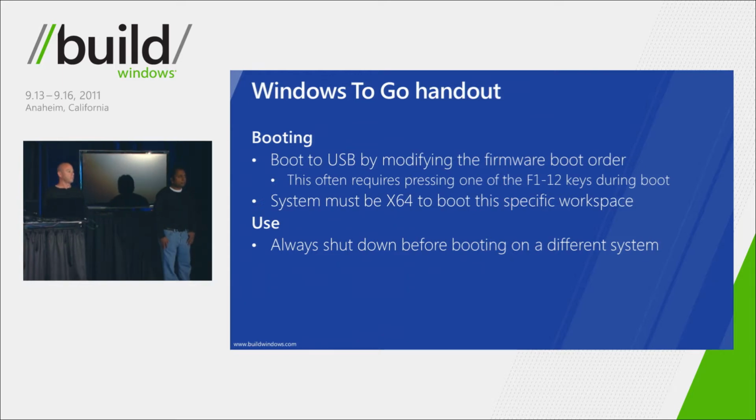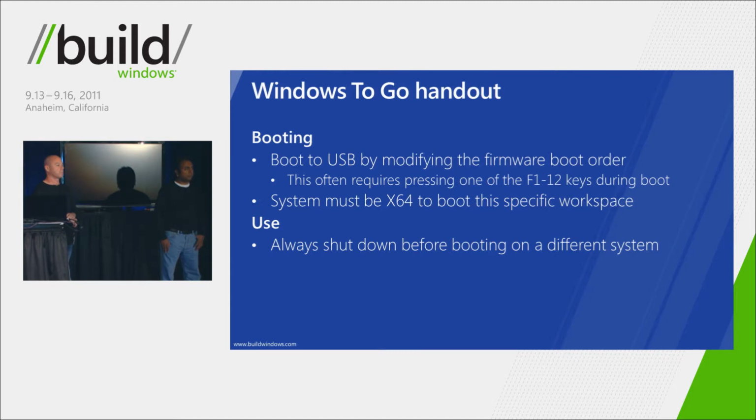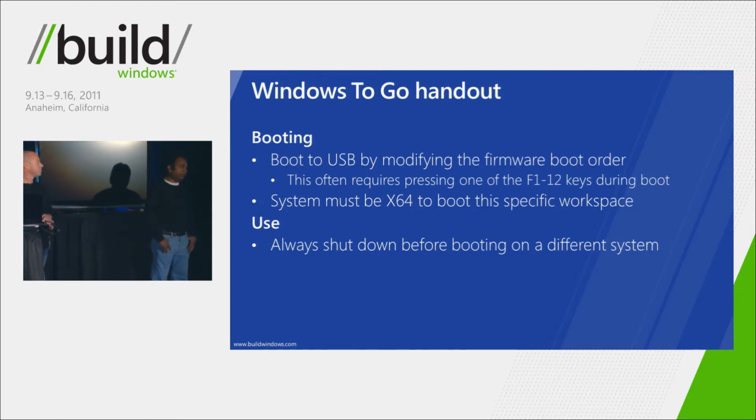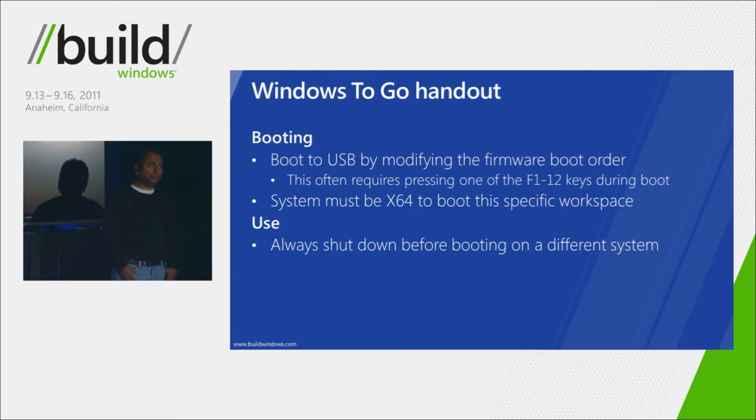Say that again? So you can have, for example, a 64 gig USB drive, with 32 gig as a Windows To Go drive and the other half as a share drive. The question was, can I partition the drive into two partitions and hide one as a Windows To Go drive and keep the other free so that it can be visible on other computers?